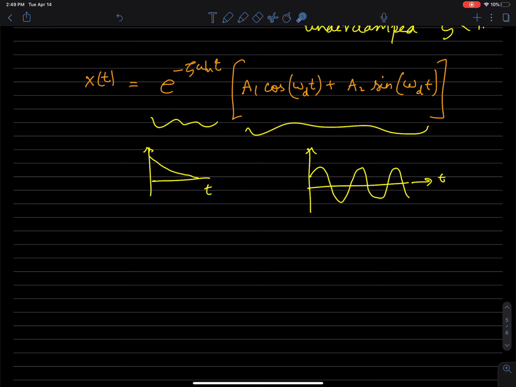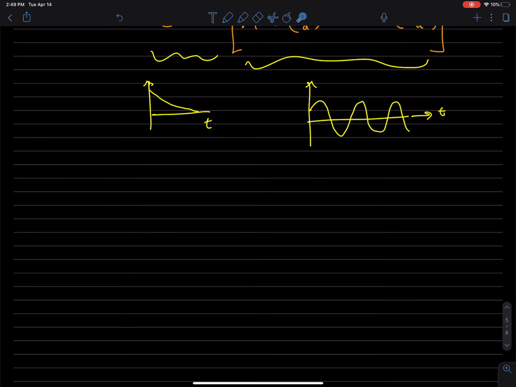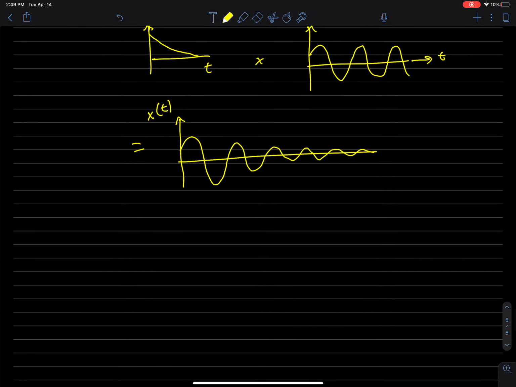So when you take the product of an exponential decay and the persistent oscillation, you actually get something that looks like this. So this is going to be x of t. X of t might look like an oscillation that slowly dies down. And the peaks of these oscillations are separated by 2 pi divided by omega d instead of omega n.